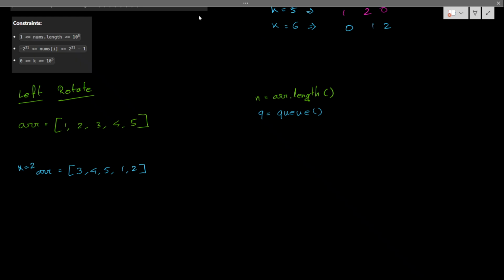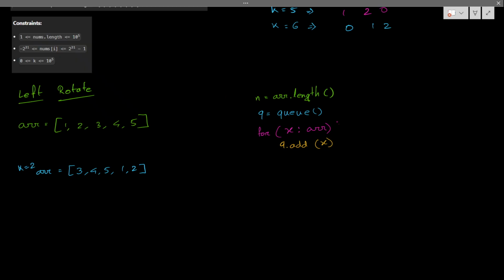Now I have to put each and every element into the queue. For each element x of arr, I am simply adding it with queue add or push back, whatever your function is, x. I'm appending the element into the queue.